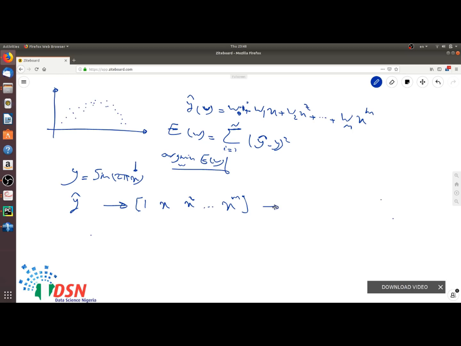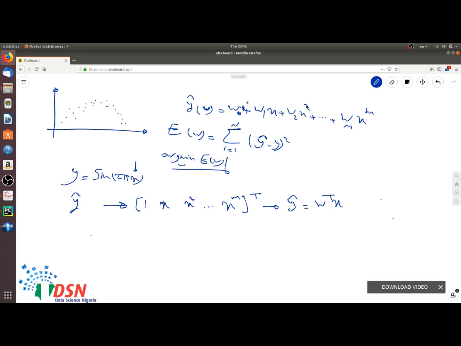So we could write the y hat as w transpose times x, okay? And this is a vector, okay?